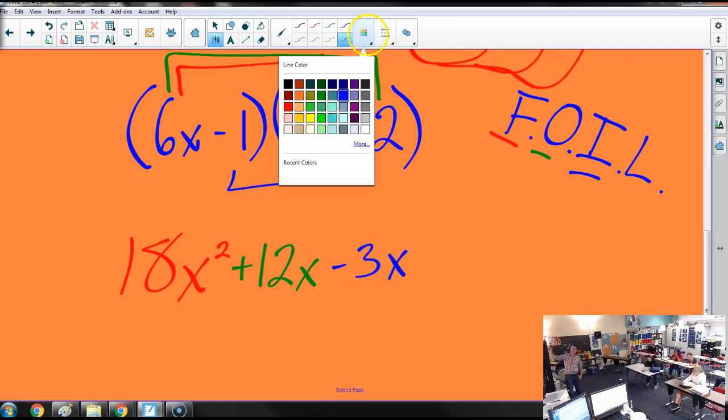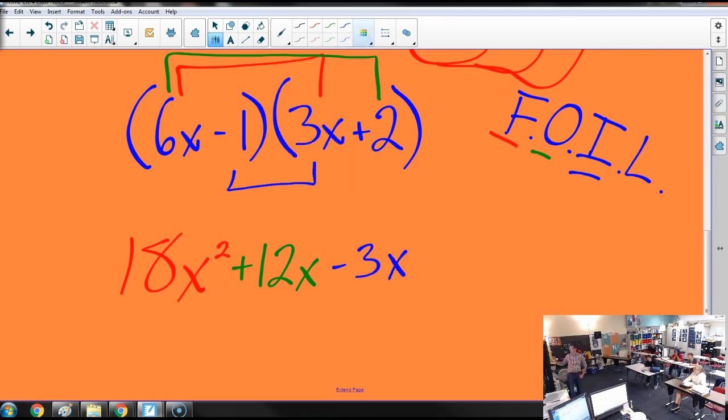And L would stand for last. First, outside, inside, last. We did the first, last. So please, on your paper, write out first, outside, inside, last. First, outer, inner, last.